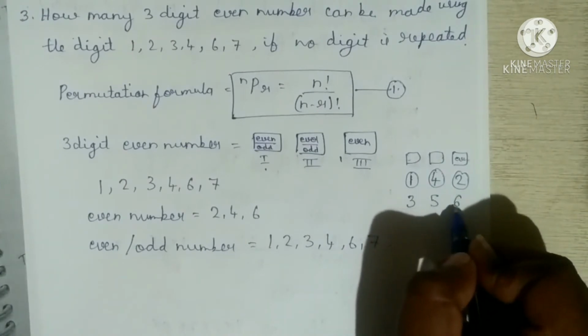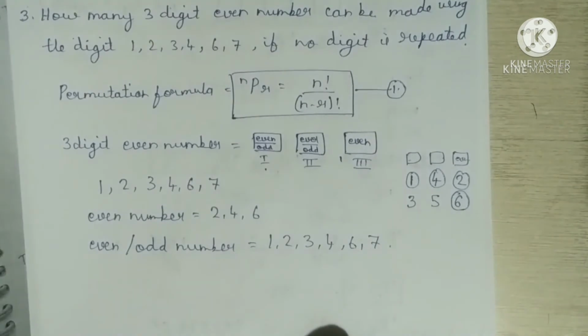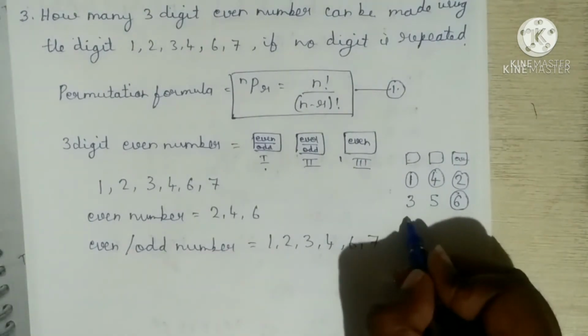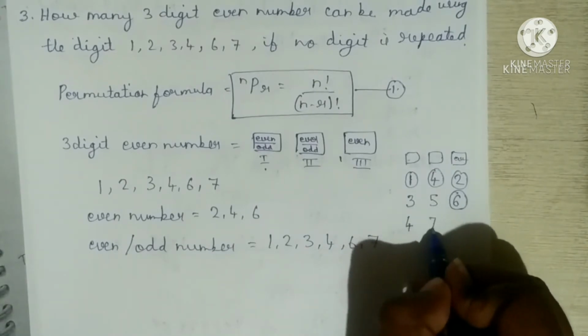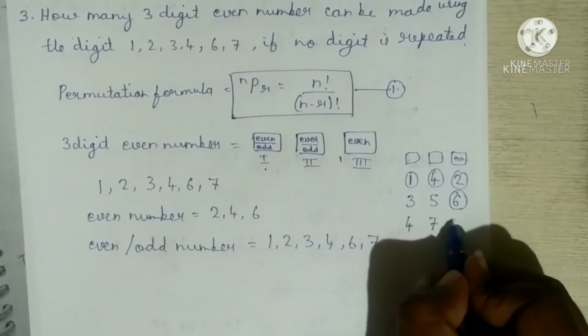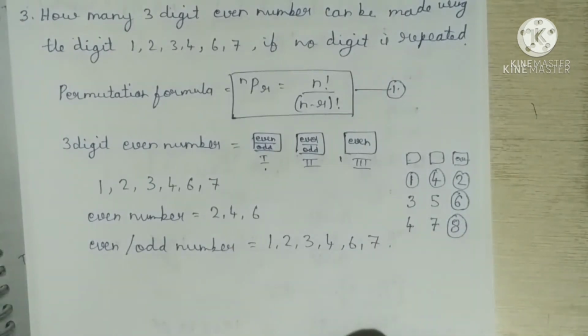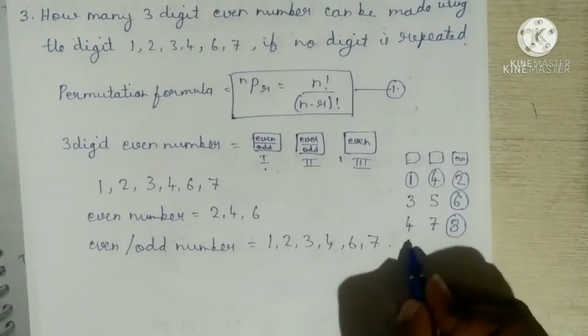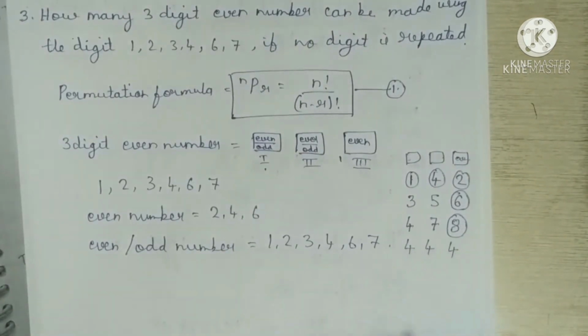If 6 comes, 3 5 6 is an even number. Next example, this one is 4, this one is 7, and this should be even, it should be even number 8. Or 4 4 4. 444 is an even number.